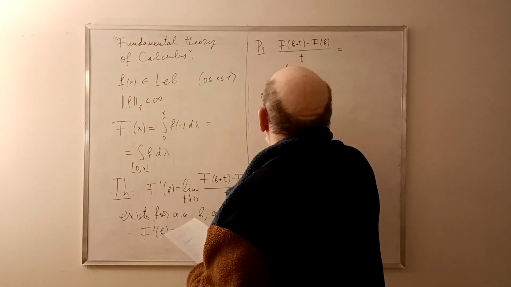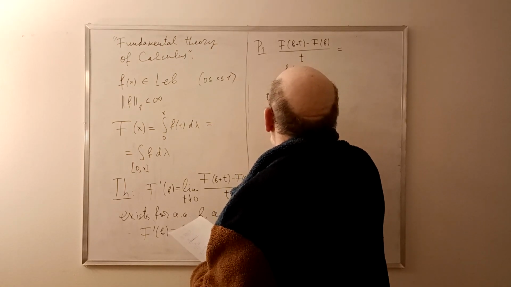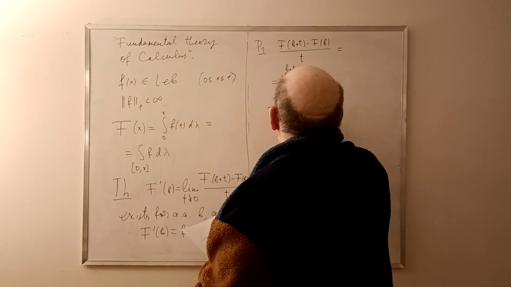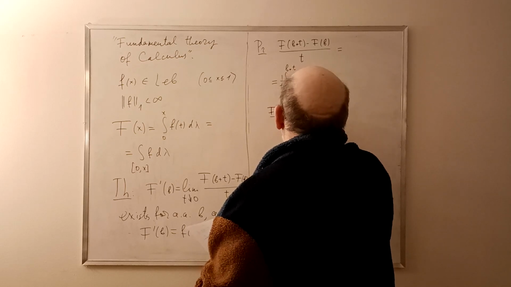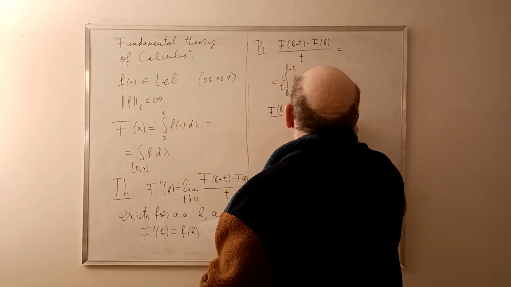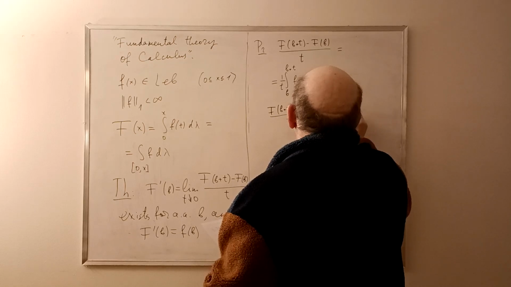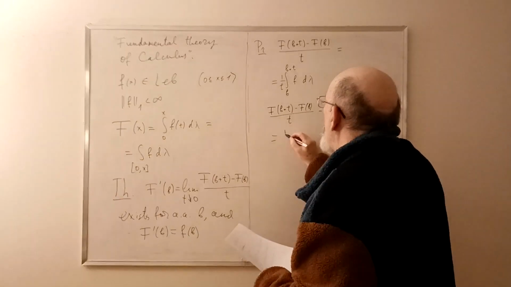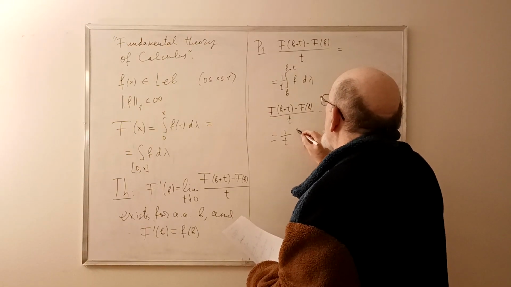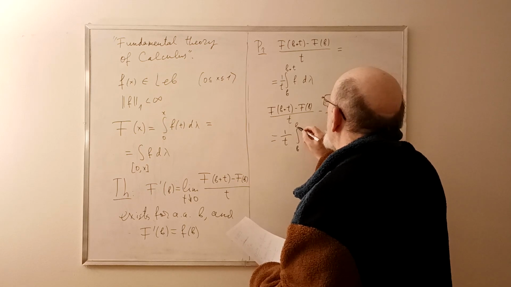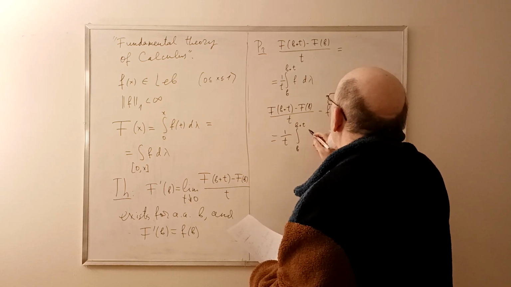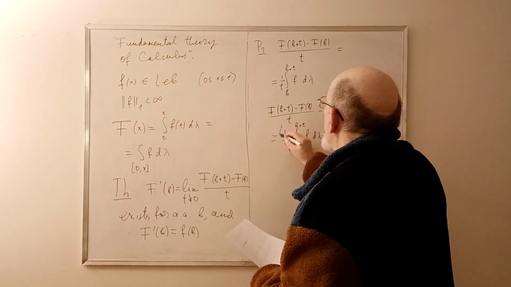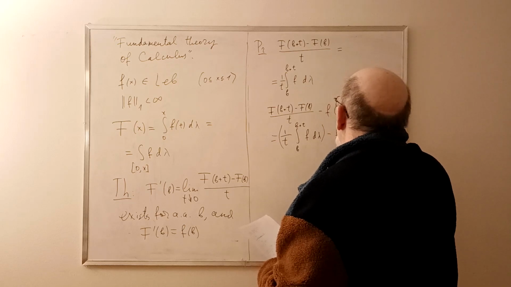And F of b plus t minus F of b divided by t, minus small f of b, equals 1 over t integral from b to b plus t of f d lambda minus f of b.